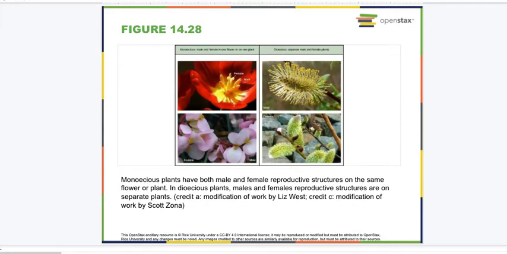Okay, next, there's a couple different ways that we distinguish angiosperms, monocots and dicots. So specifically monocotyledons and dicotyledons. Monocotyledons have one seed part and dicotyledons have two seed parts. So if you think of a corn kernel, that's a seed.